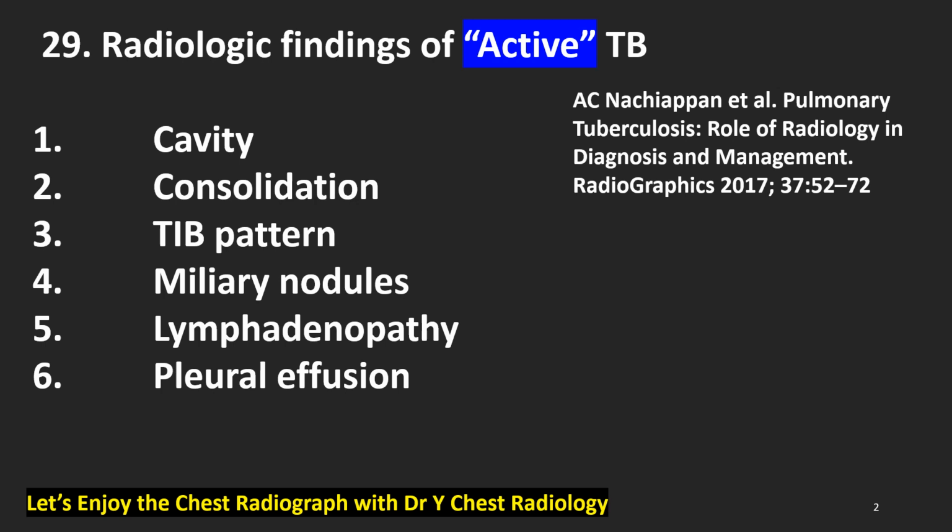Third, tree-in-bud pattern, in other words, centrilobular nodules. Fourth, miliary nodules. Fifth, lymphadenopathy. Sixth, pleural effusion. These 6 findings strongly suggest that the patient is ill with pulmonary active tuberculosis.